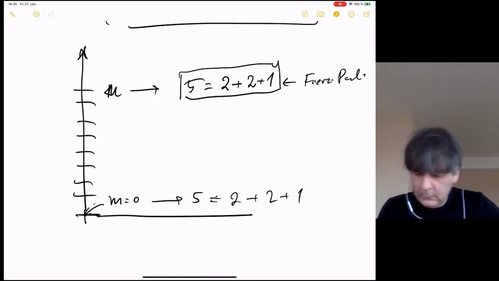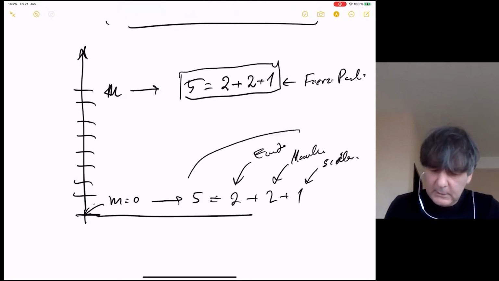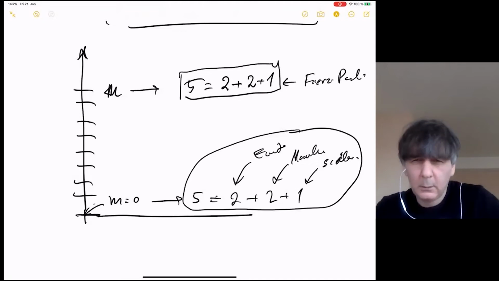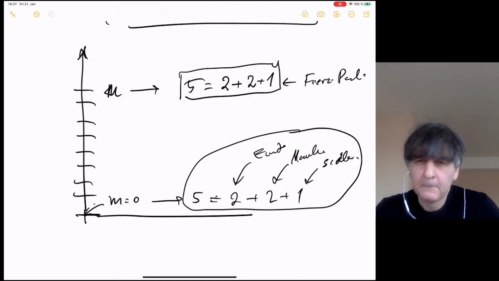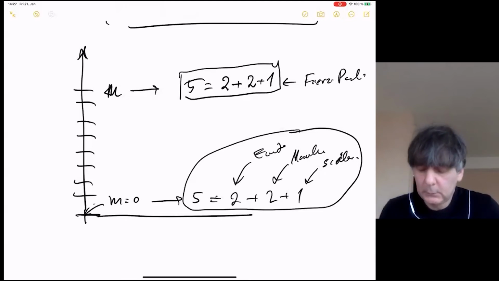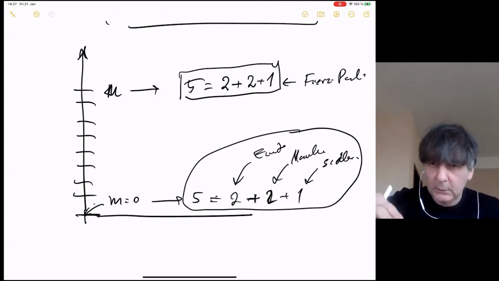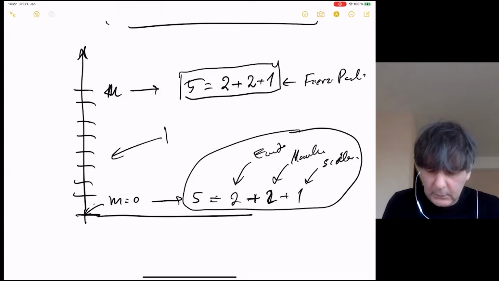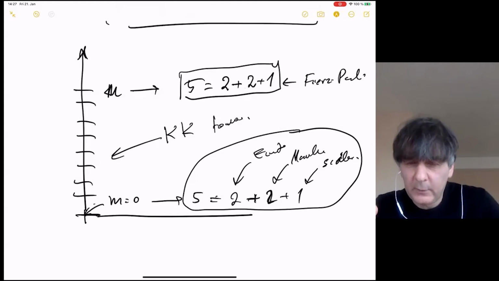So this is Einstein, this is Maxwell, and this is just an additional scalar. Actually, this was why Kaluza introduced the idea of an extra dimension, to unify Einstein gravity with Maxwell. So Maxwell is a level 0 component of this tower. This is the Kaluza-Klein tower.